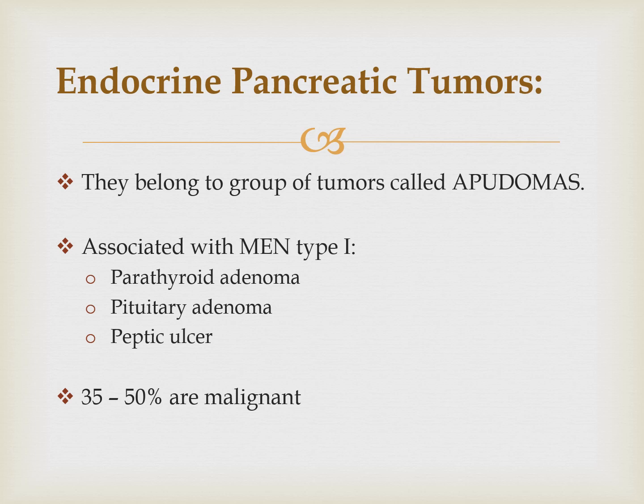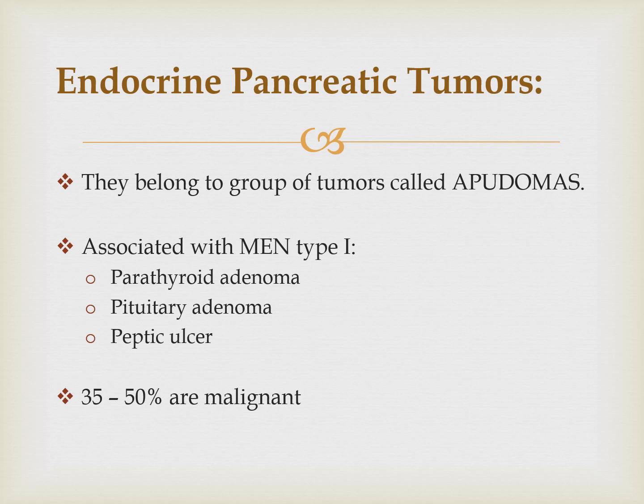What about the endocrine pancreatic tumors? In general, they belong to a group of tumors called the APUDomas, which are the amine precursor uptake and decarboxylase tumors. It is associated with MEN type 1, multiple endocrine neoplasia, which includes also the parathyroid adenoma, pituitary adenoma, and peptic ulcer.